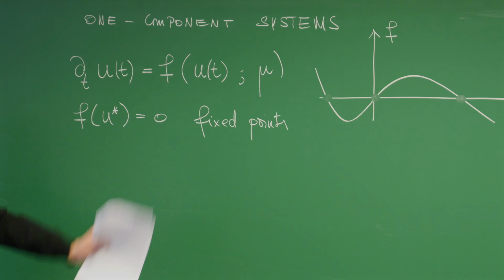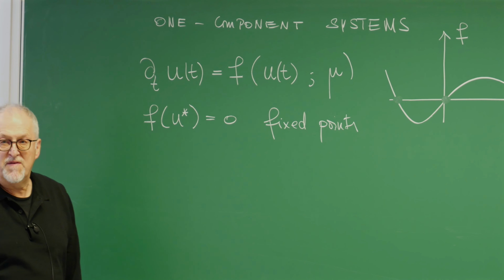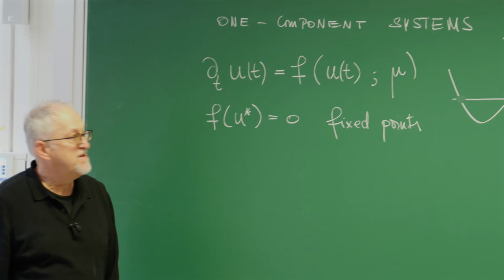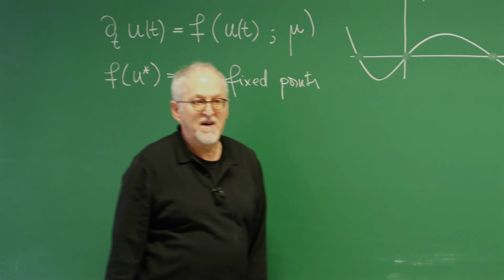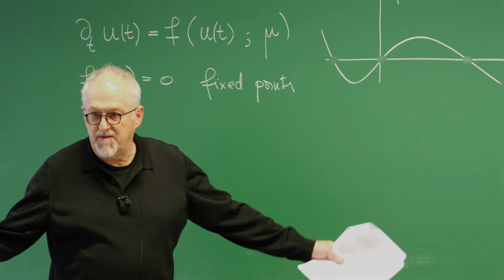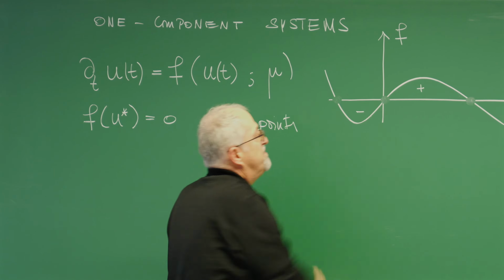But they are qualitatively different if you look at them. And that you can also read off without doing a line of calculations. So what's the function f here on the right-hand side? It's positive, right? That's kind of obvious. And here it's negative.